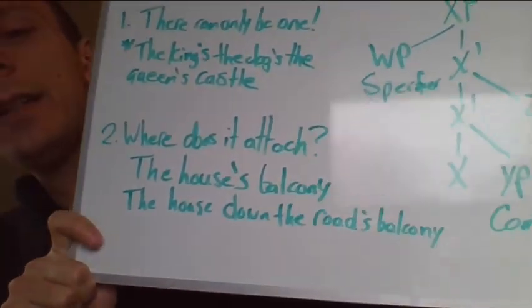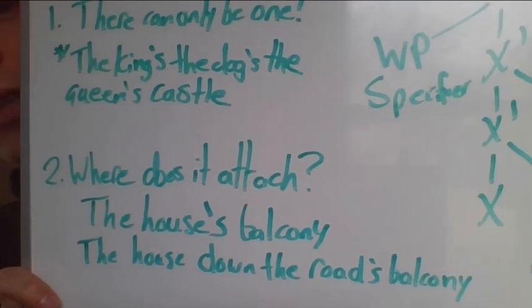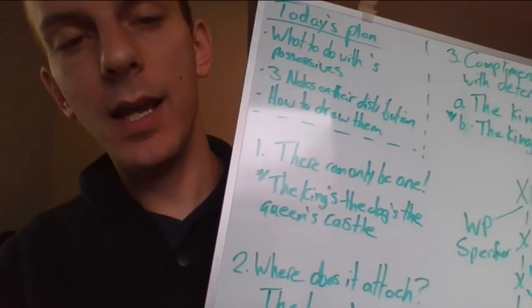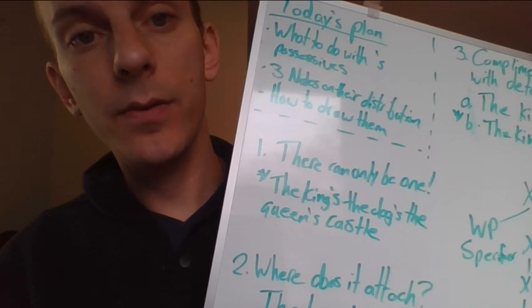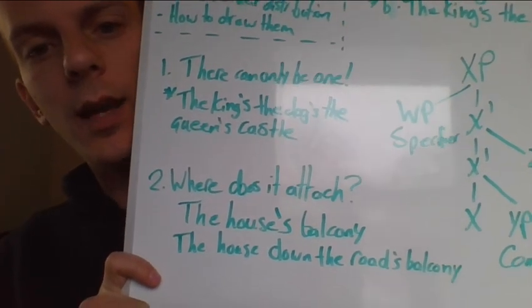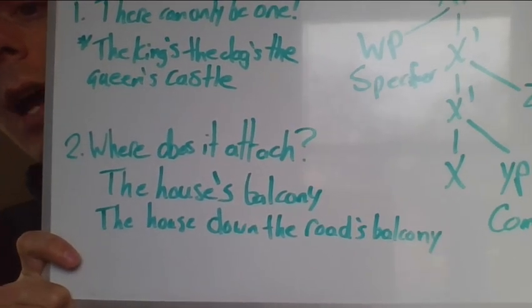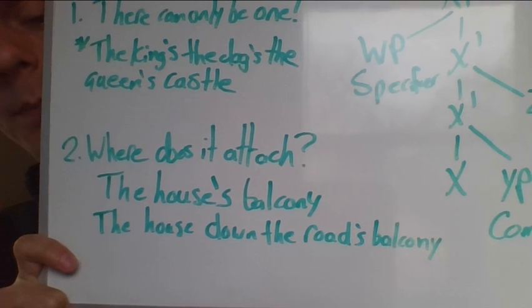But we find counter evidence to that pretty readily available. Sorry, there's trucks driving outside my window right now, if you can hear that. So we have something like here, the house's balcony, where it looks like that apostrophe S wants to attach to house. But we see that it actually moves around more than that, right? Take a look at this second sentence. The house down the road's balcony.